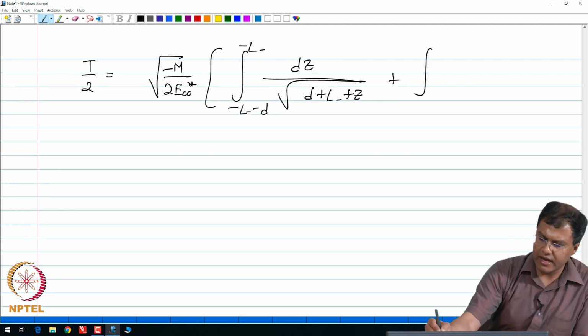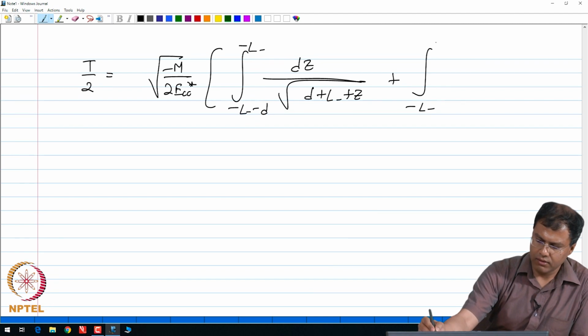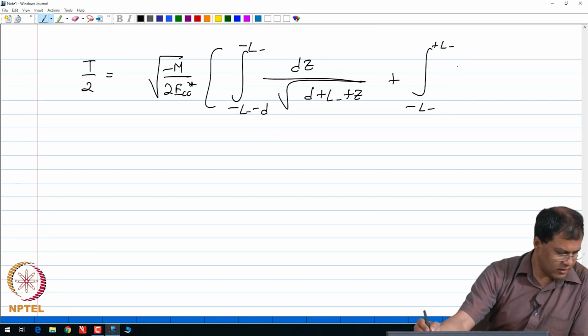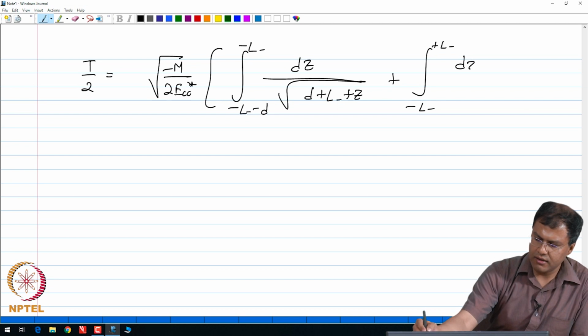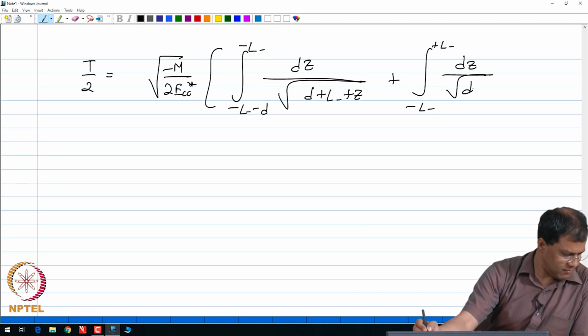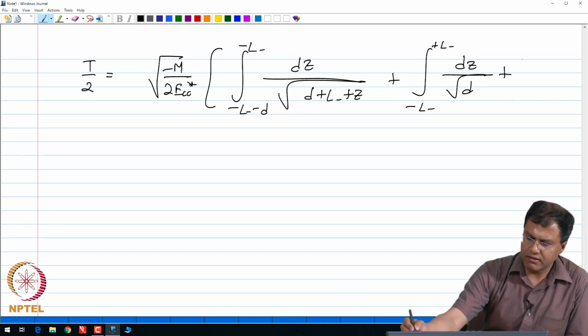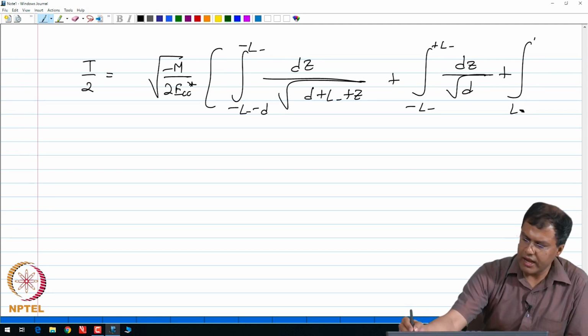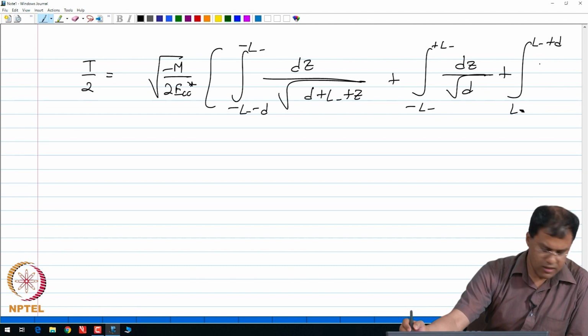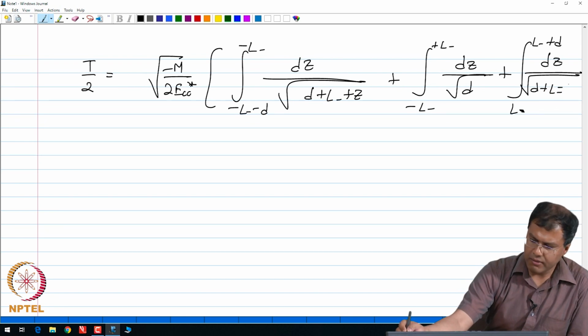In the second, from minus L minus to plus L minus, dz by square root of d. And the last integral is from L minus to L minus plus d of dz by square root of d plus L minus minus z.